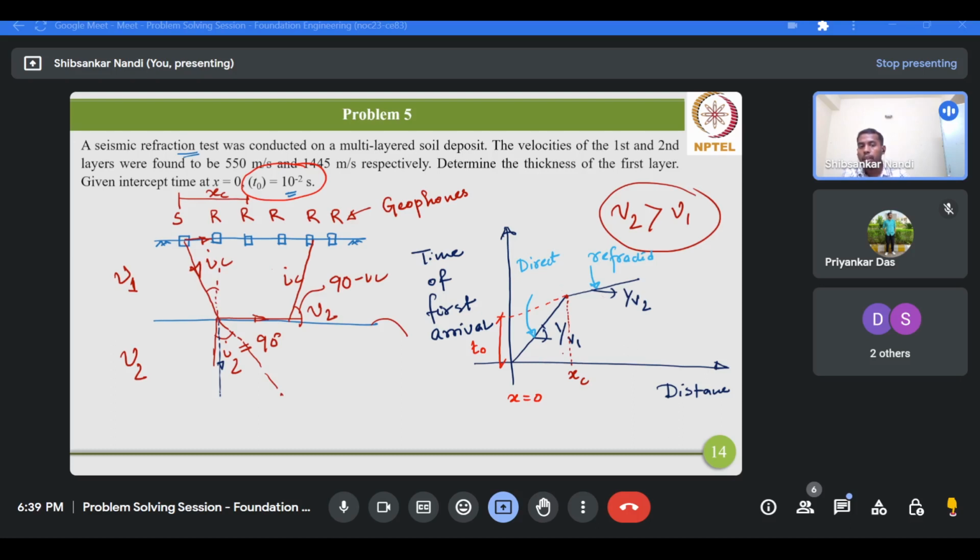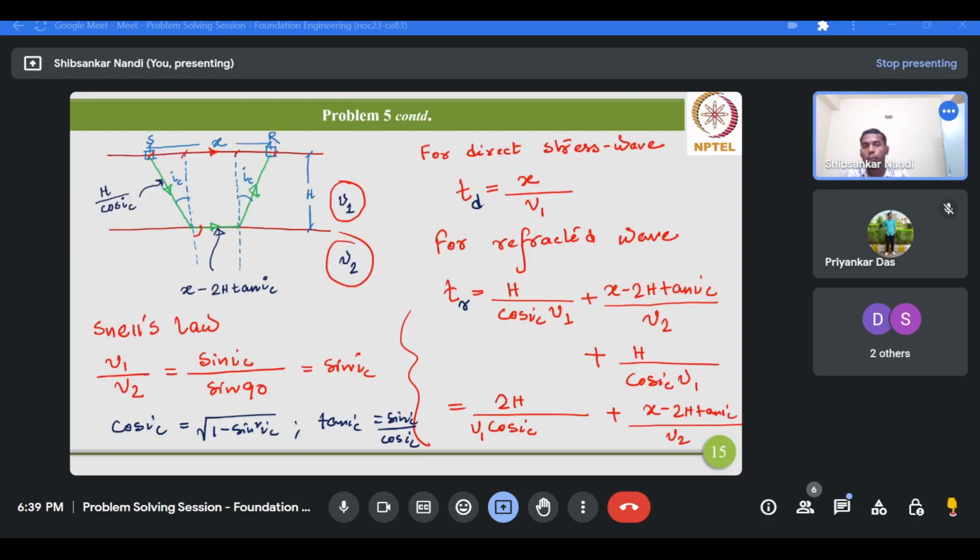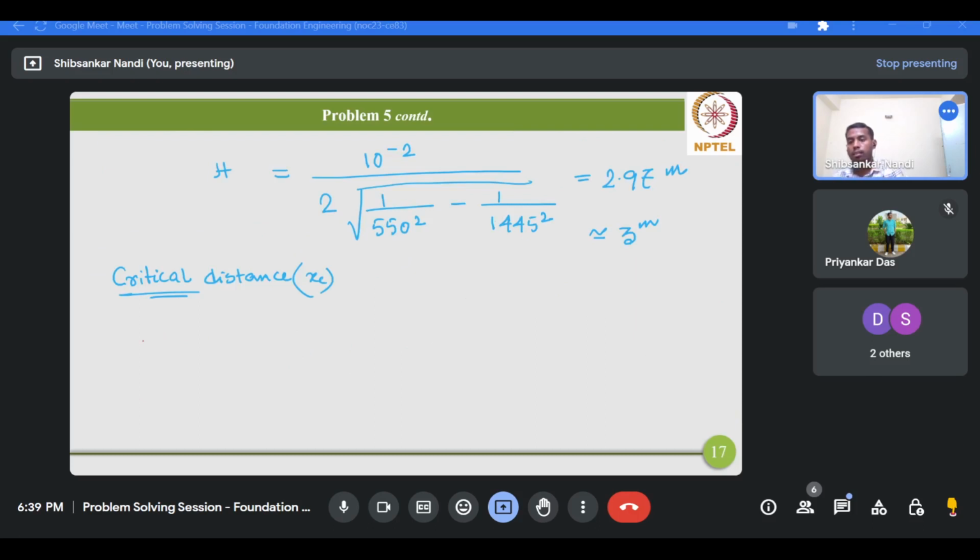So how can we determine this xc? It's very easy. You just have to equate td with tr, because at xc, td and tr will be the same.